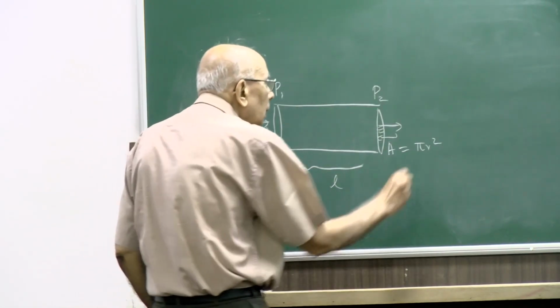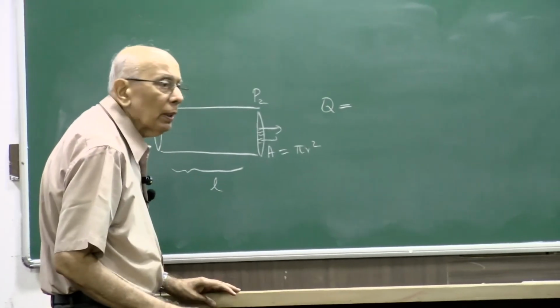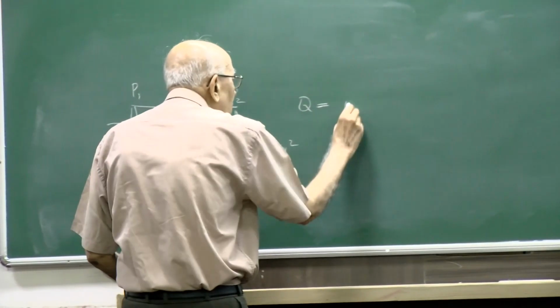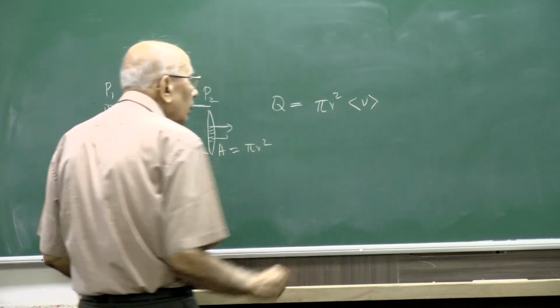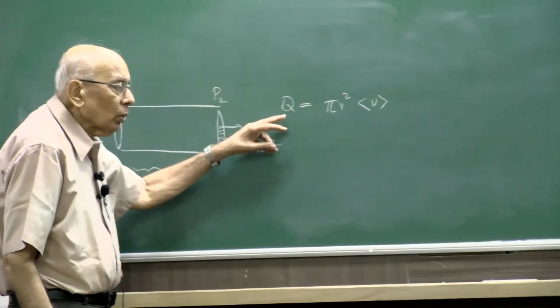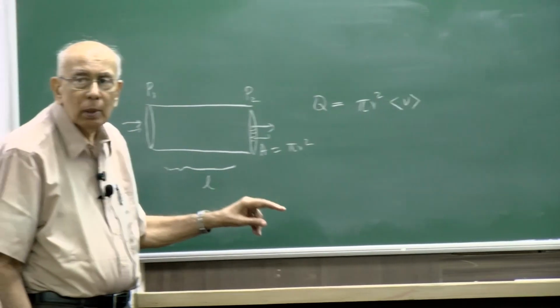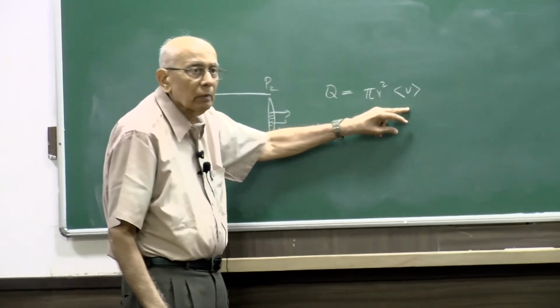We argued that the discharge rate Q, the volume of fluid coming out per unit time, was equal to pi r squared times the average velocity V in the pipe. But then I said that actually Q is proportional to r to the power 4, and that second power of r must come from here, the average velocity.